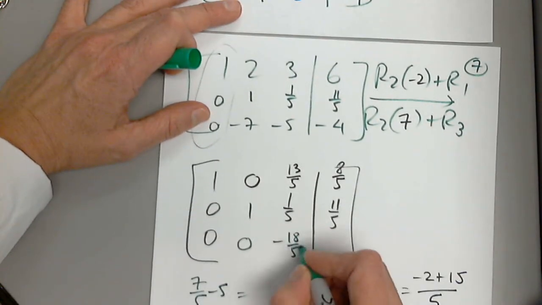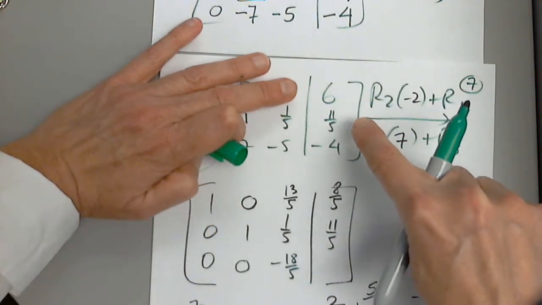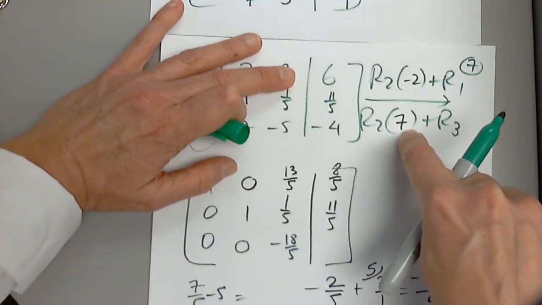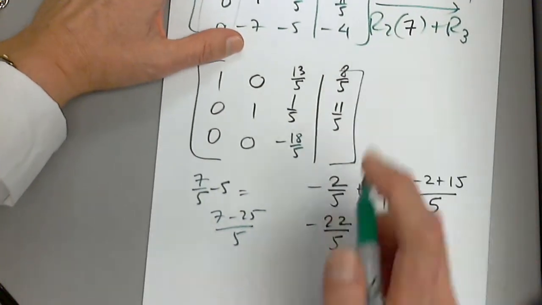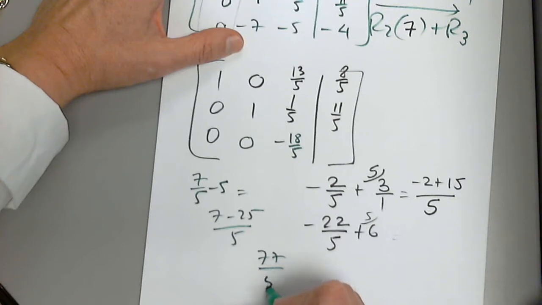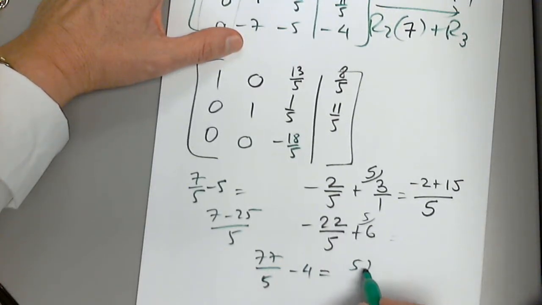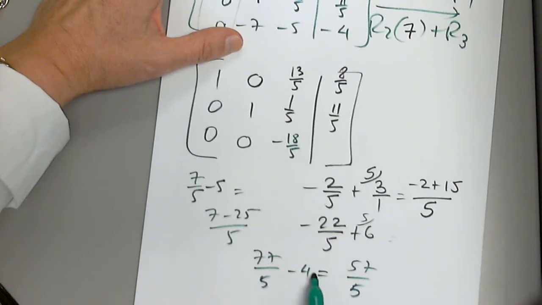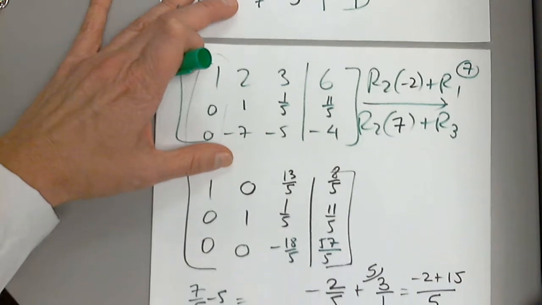Now 11/5 times 7 minus 4. So 77 over 5 minus 4, which is 57 over 5, because this is 20. So this is 57 over 5.